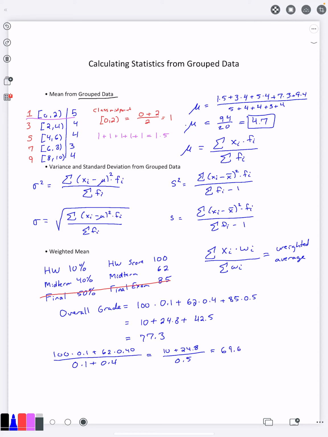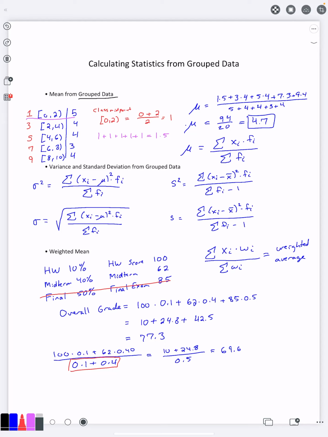So this is what Canvas or Blackboard will do to tell you what your grade is before the end of the semester. They just figure out what has already been done, what you already have a grade for, and then they divide by that total weight, and that's how they get your grade, 69.6 there.